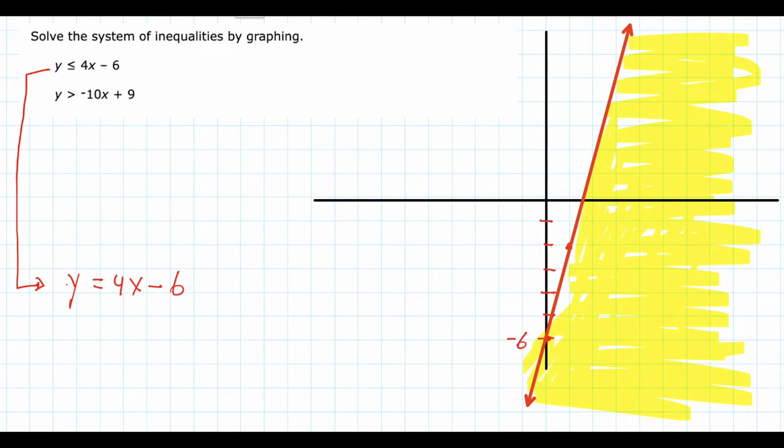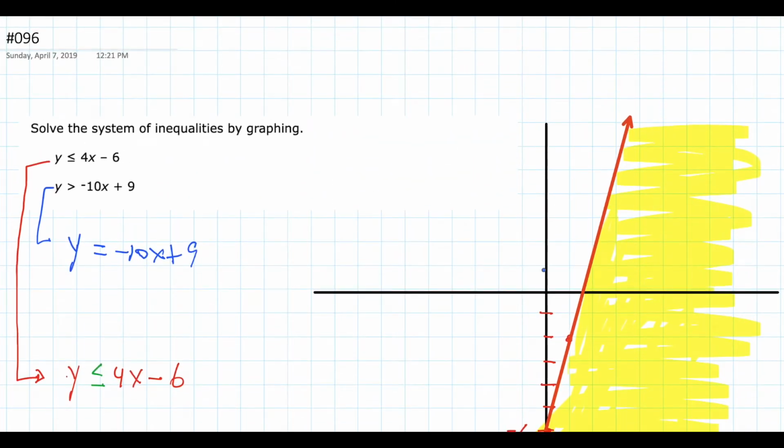Now we do the other one. Let's change this, because we acknowledged the less than or equal to. This one I'm going to write as y equals -10x plus 9. So what do we do? Plot the positive 9: 1, 2, 3, 4, 5, 6, 7, 8, 9.